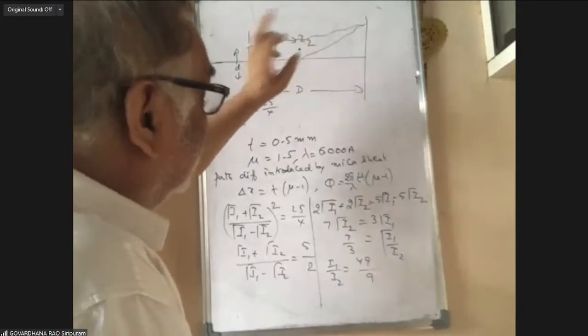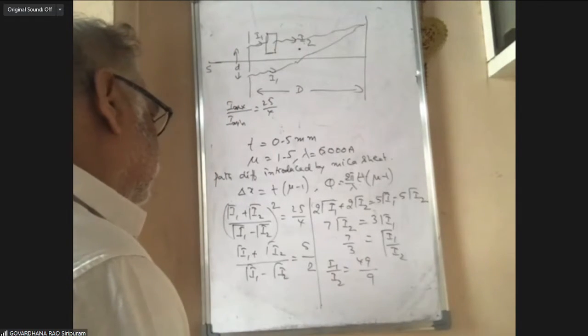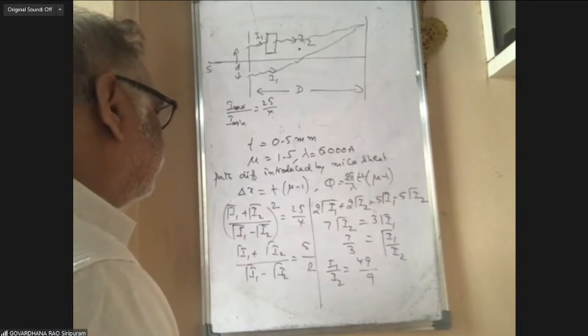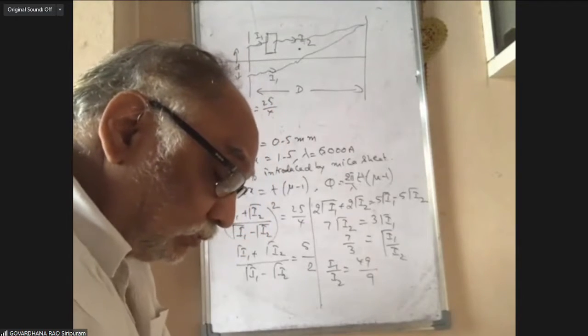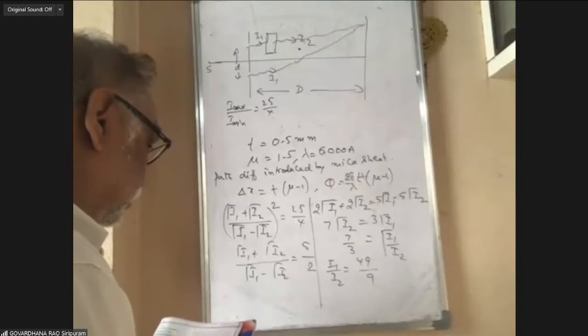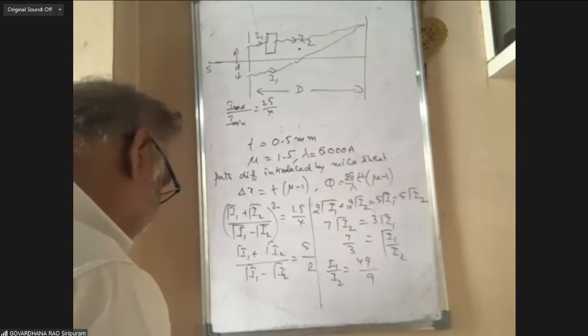Transmitted is I2 and incident is I1. So I2 by I1 is 9/49. That is the answer, second option.